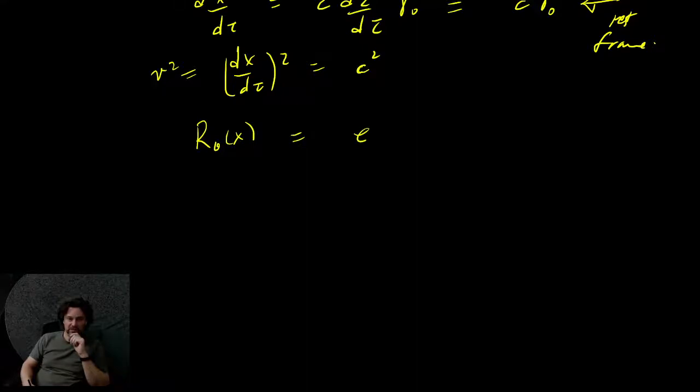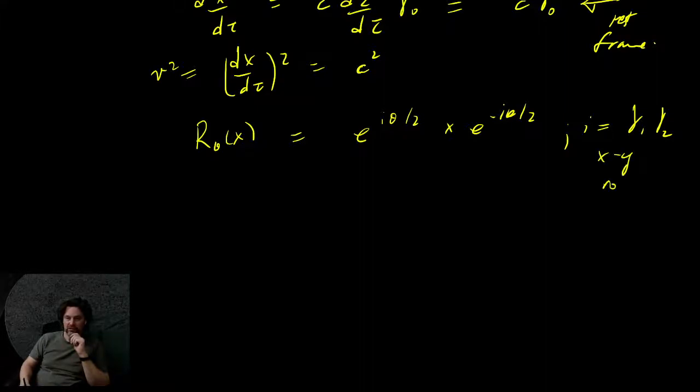So that is going to be e to the I theta by 2, x, e to the minus I theta by 2. And here I is something like gamma 1 gamma 2. So if we're rotating in the xy plane, so this is for xy rotation.